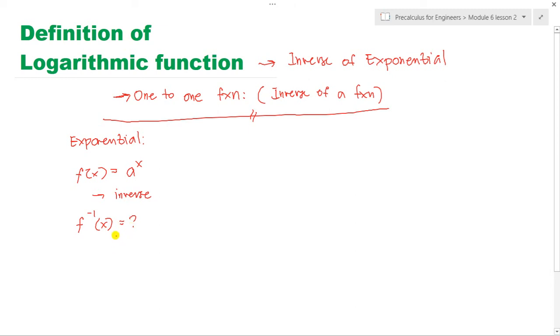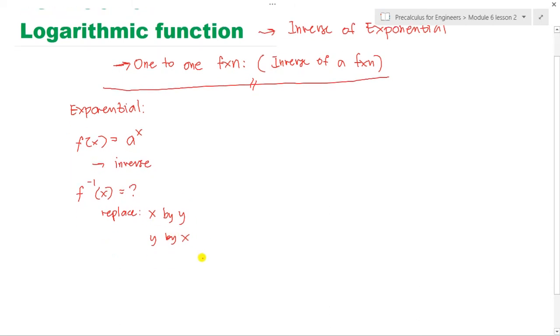Now, just a review of our discussion about the inverse. If we're going to take the inverse of a function, you just replace the independent variable with the dependent variable. So replace x by y, and y by x.